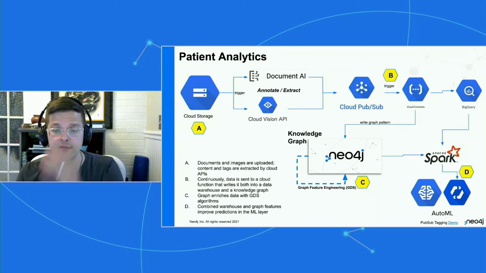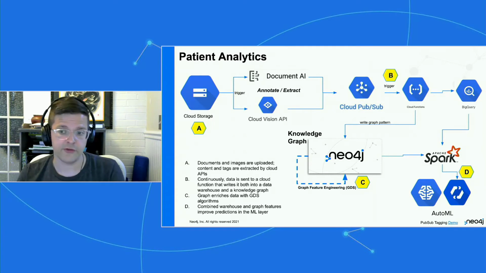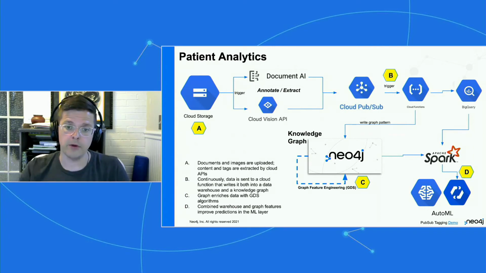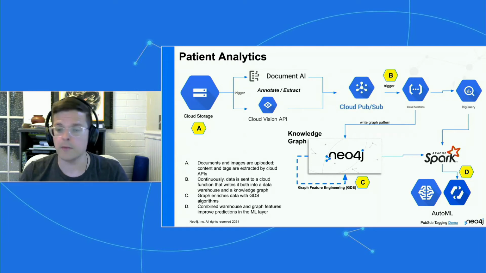And in the egress or exploitation phase downstream, you might use the Neo4j connector for Apache Spark and pull data from both BigQuery and Neo4j at the same time, kind of mix and match those different data sources, and then feed it into your downstream ML as a service platform or whatever other technology you might be using, including other data warehouses and so forth.